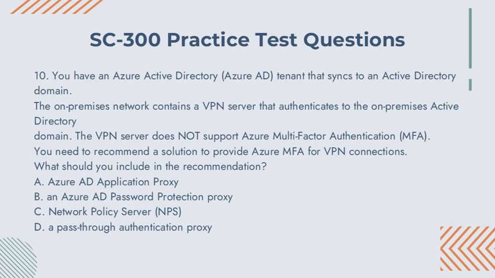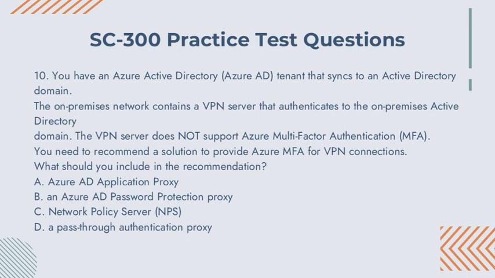10. You have an Azure Active Directory, Azure AD, tenant that syncs to an Active Directory domain. The on-premises network contains a VPN server that authenticates to the on-premises Active Directory domain. The VPN server does not support Azure Multi-Factor Authentication, MFA.